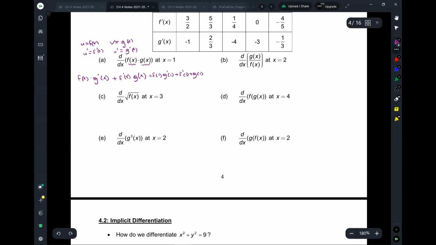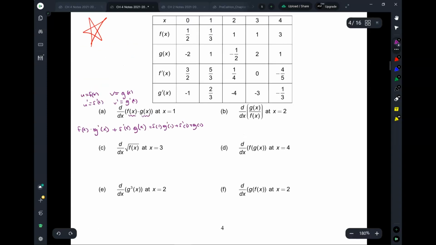Problems like this show up a lot on the AP test, both in the free response and the multiple choice. So now, f of 1, you have to go in the chart. So f of x at 1, this is all evaluated at 1, so it's going to be in that column. Well, f of 1 is 1/3. G prime is 2/3. F prime is 5/3. G is 1. And then you add that up and you get 17/9.